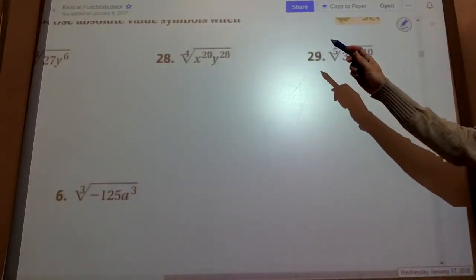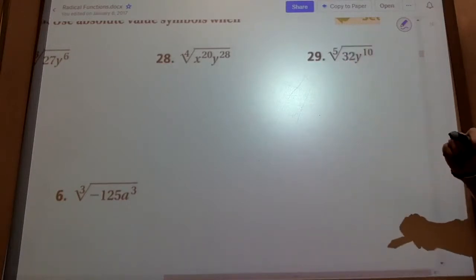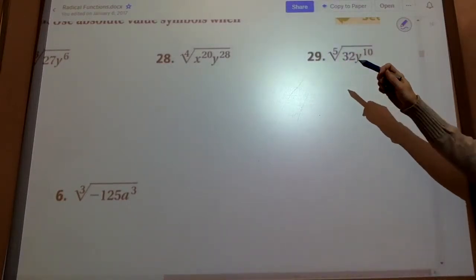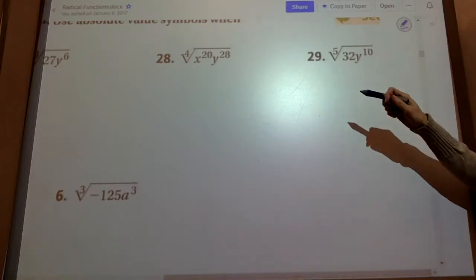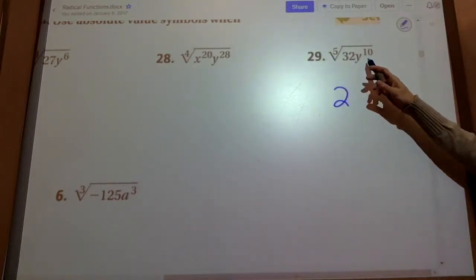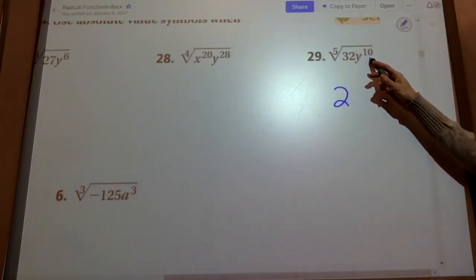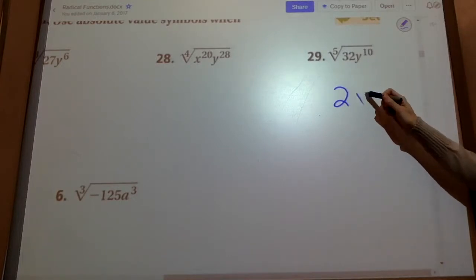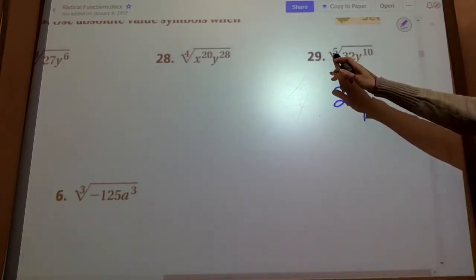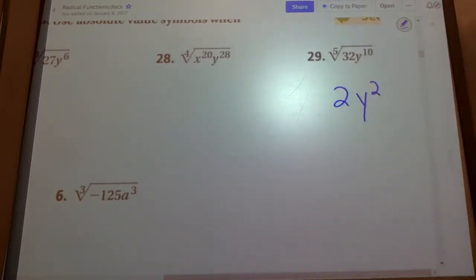Groups of 5. What's the 5th root of 32? 2, very good. I have 10 y's. How many groups of 5 is that? 2. Since it's an odd index, I don't have to worry about absolute value. You're fine. 5 is odd, so we're okay.